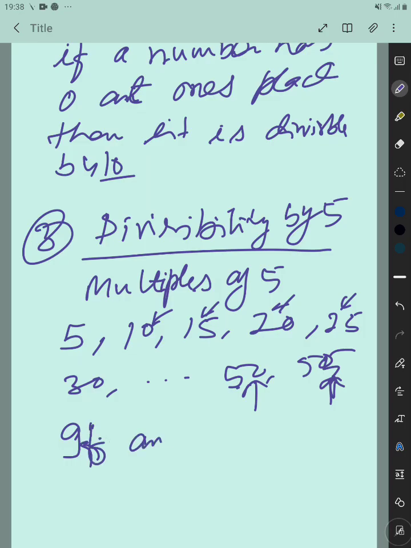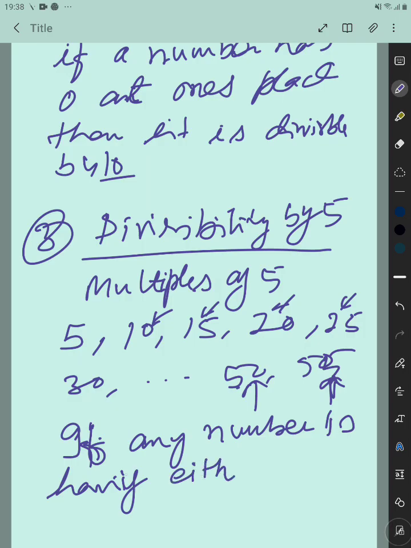If any number is having either 0 or 5 at one's place, okay, we are always talking of one's place.